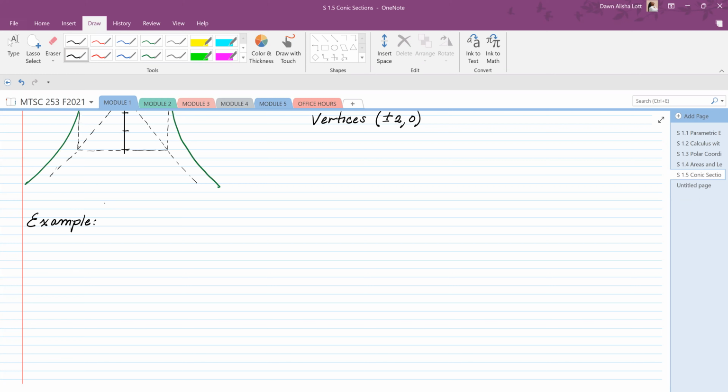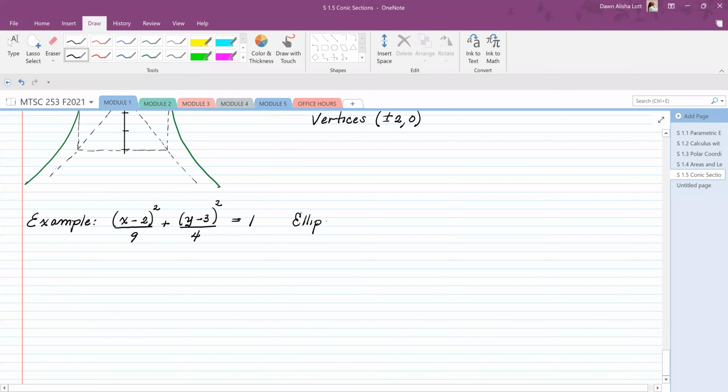Now we can actually do things that shift. Okay, so for example, x minus 2 squared over 9 plus y minus 3 squared over 4. So this is an ellipse, but it's shifted. It has a different center.